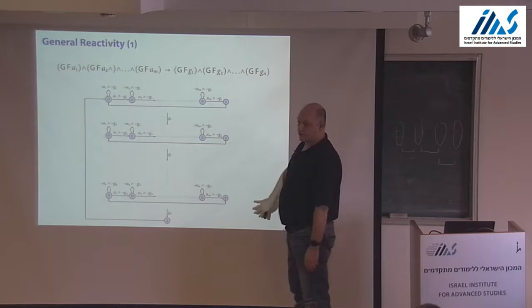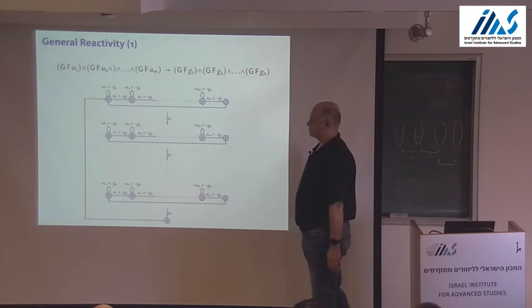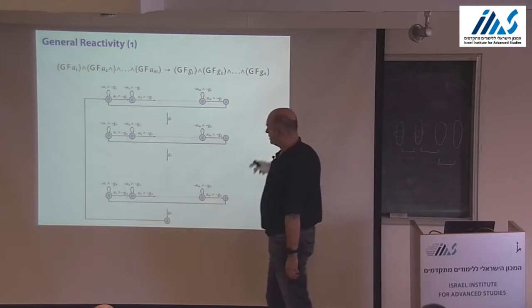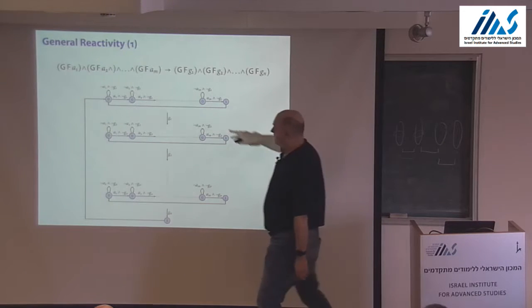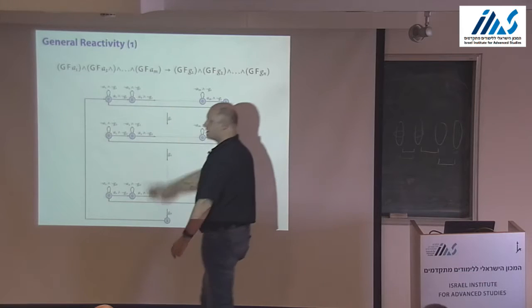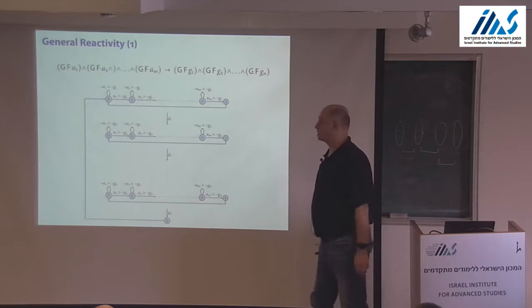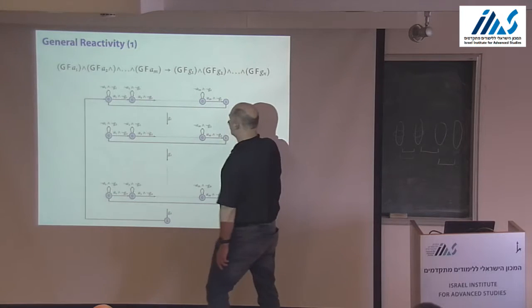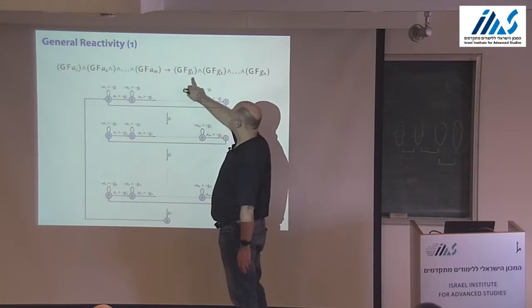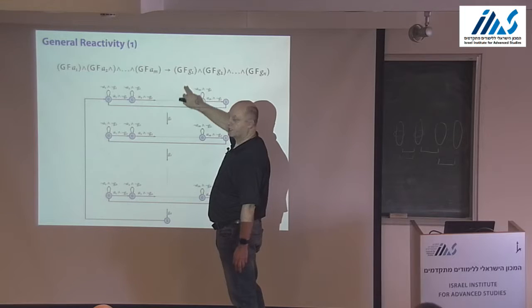So this is just meant to give you the structure of the resulting game. We have one loop for every guarantee, and this is embedded in a loop that steps through all the guarantees. So in this first loop, we're waiting for the occurrence of the first guarantee.